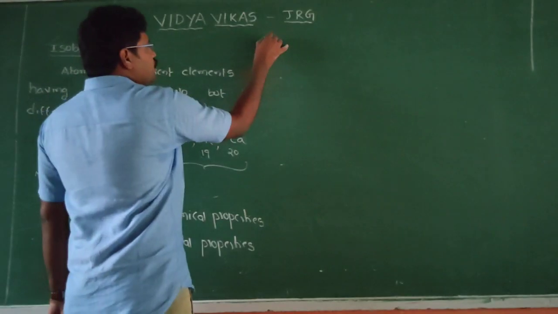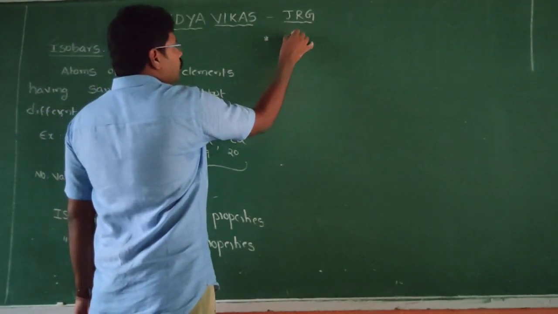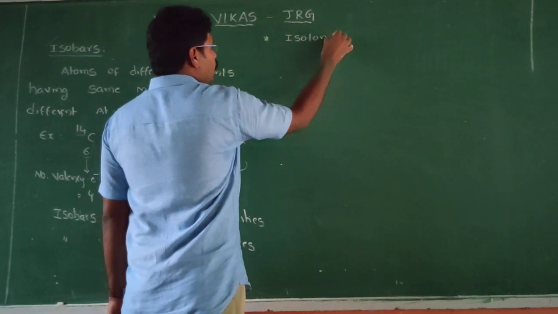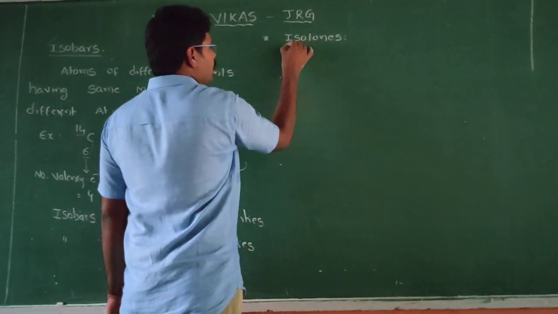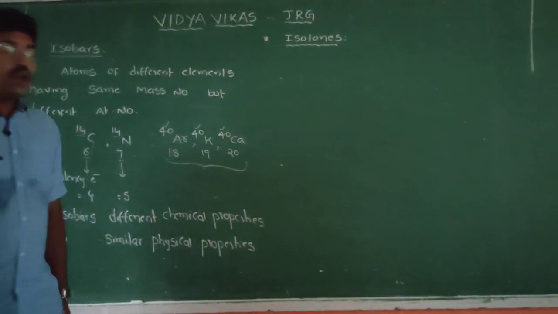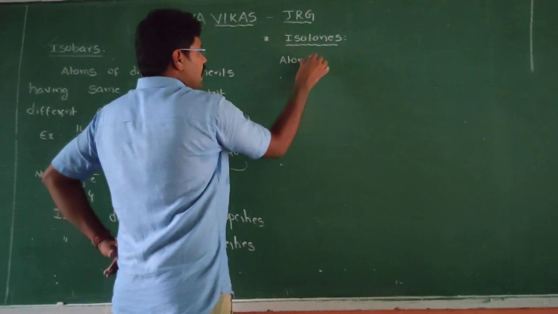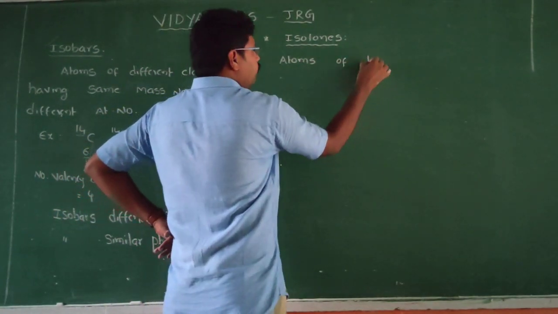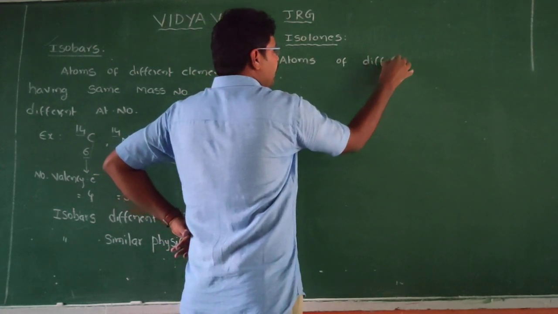And students, now let me come to the third important one, isotones. Keep in mind, students, isotones. What are isotones, sir? Dear students, isotones are simply the atoms of different elements.